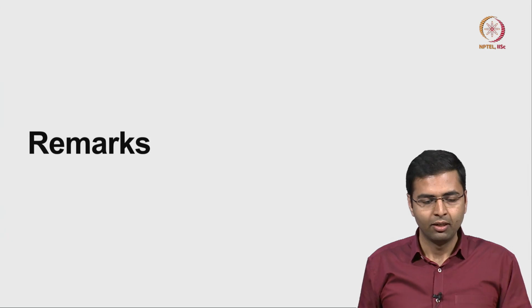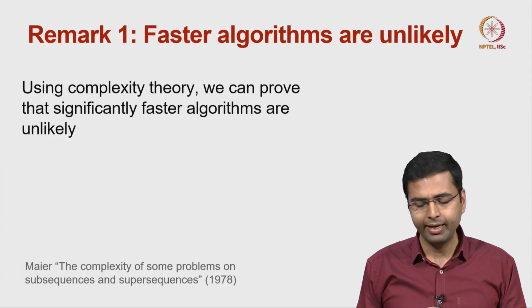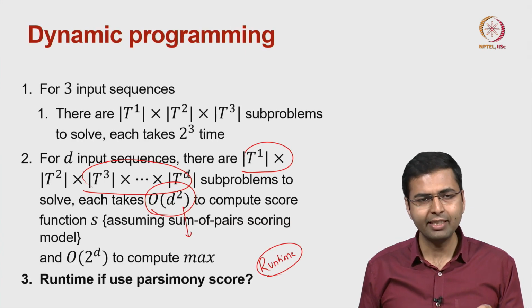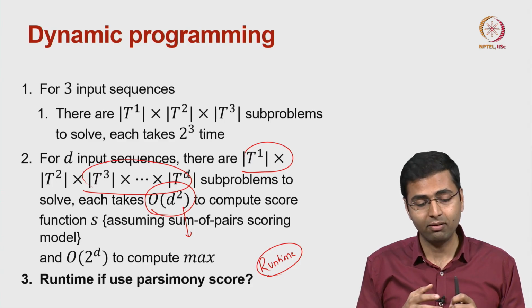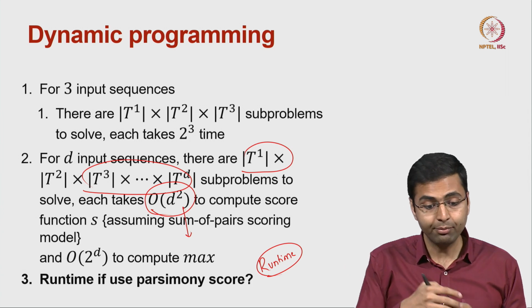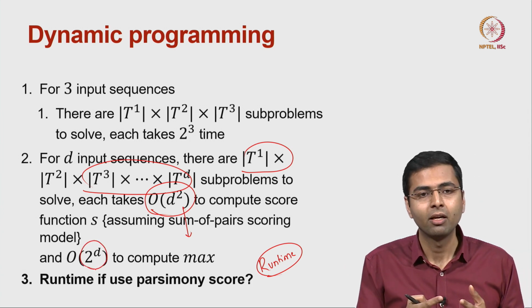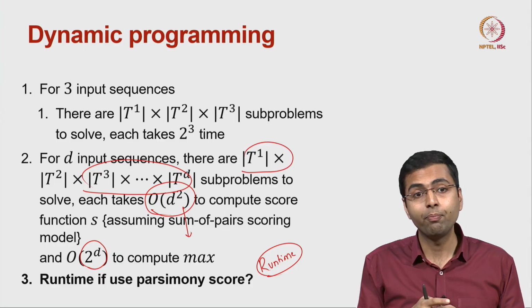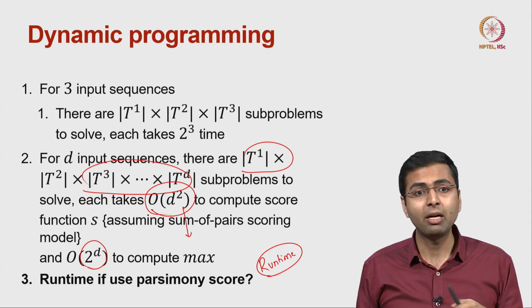Okay. So I want to make some remarks about this problem. The first remark is that the time complexity that we have for this problem is extremely slow. It takes as much time as the product of the lengths of those sequences times D square times a factor which is exponential in D. So if we want to scale this to a large number of sequences, you can imagine that this algorithm will become very, very slow.